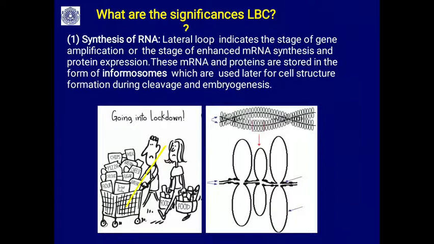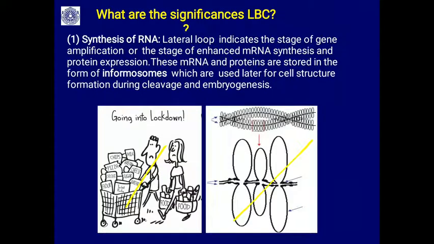Here also you will find large scale production of RNA during oogenesis, as there is no scope for RNA synthesis during early developmental stages, because for these germ cells or oocytes the next process is fertilization, and then the developmental stages, cleavage and morphogenesis.